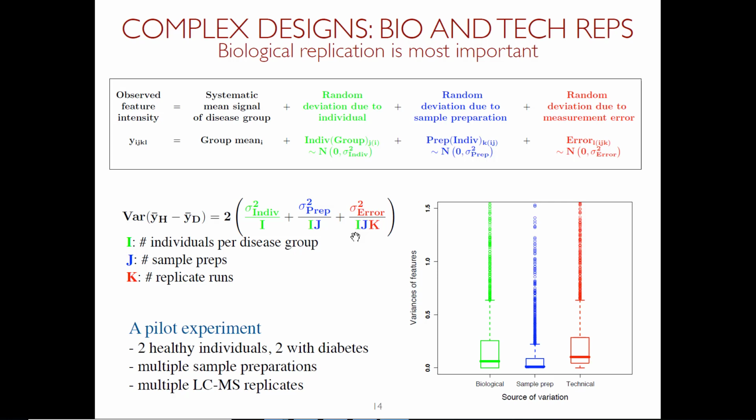Right, so what I showed here is very general, right? But this assumes that you have reliable quantitative values. So you have essentially an assay which is well characterized, right? So TMT is one example because your ions are selected for fragmentation stochastically. In one run, some peptides will not be selected, right?